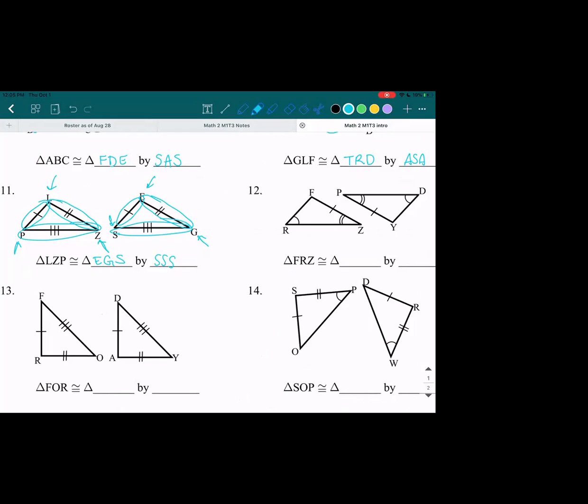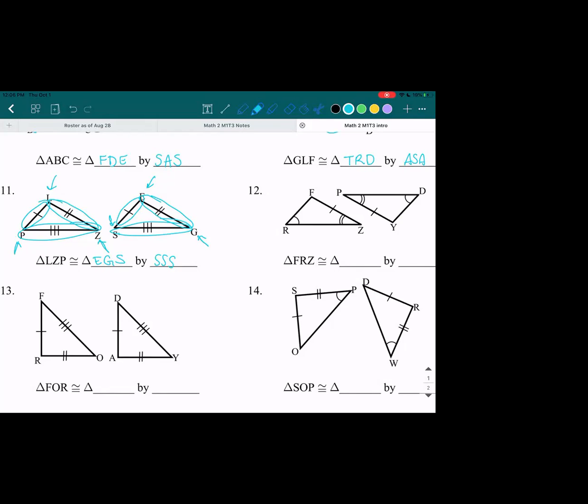Do I have to draw all the triangles and stuff? No, there's so much time. Just label everything like number 11, number 12, so that when you look back on it later on, you know exactly what everything is, okay?